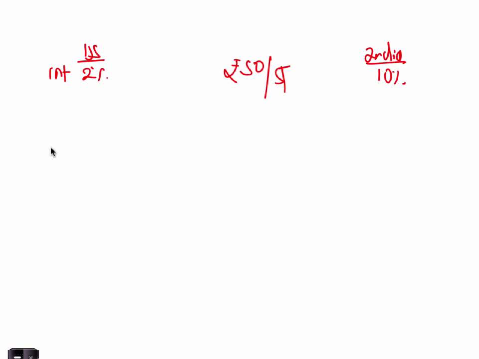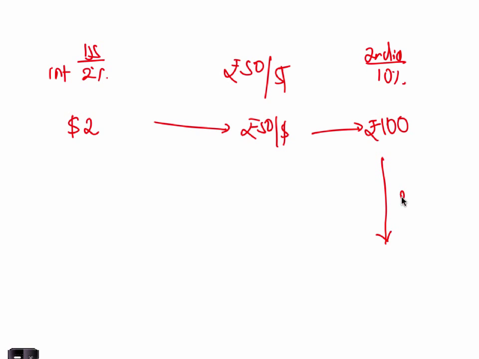So an investor decides that he will borrow $2 in the US and convert those $2 at the rate of rupees 50 for a dollar to Indian rupees. So the amount of Indian rupees he will have is rupees 100. He will take this 100 and invest it at the rate of 10%. So by the end of the year, the amount of Indian rupees he will have is 110.